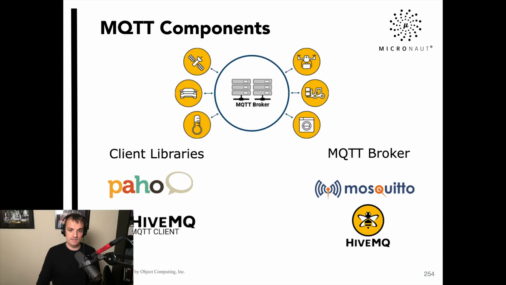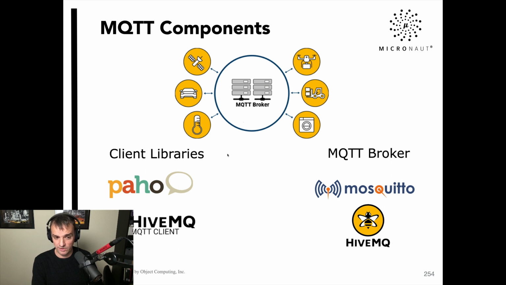In terms of components, in an application, you will typically have an MQTT broker, and you will have MQTT clients. These are the yellow circles in this slide, where there will be clients publishing and subscribing to MQTT events.